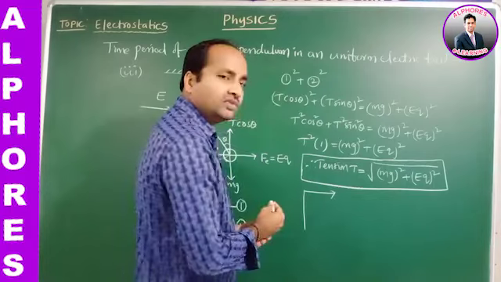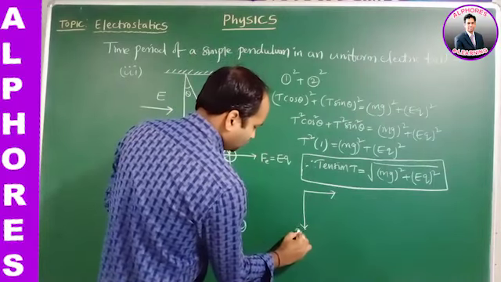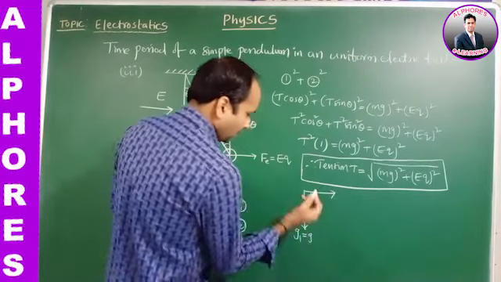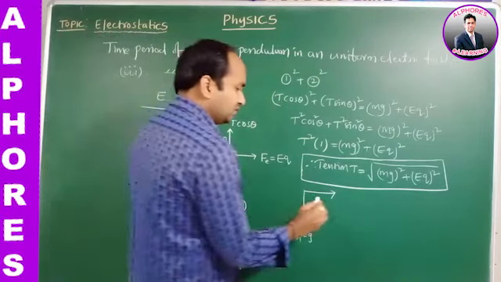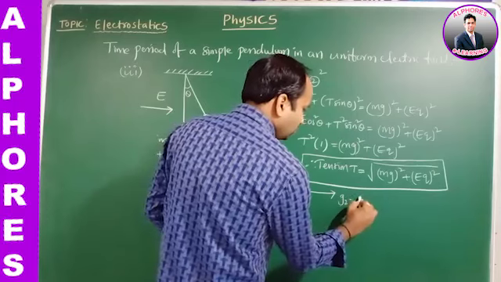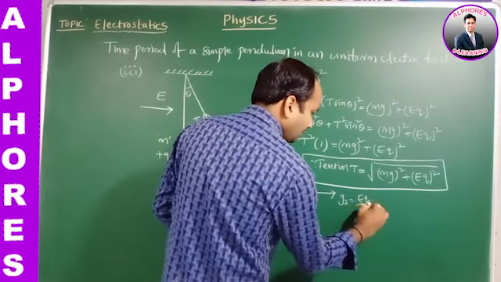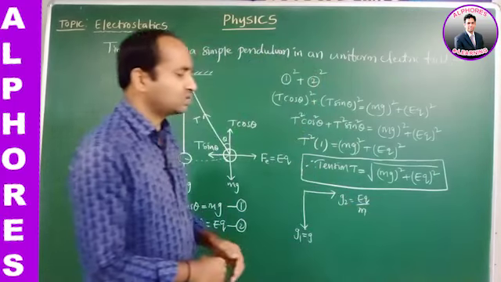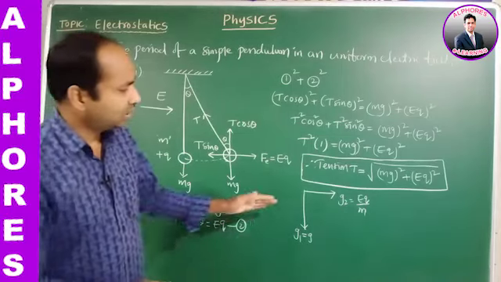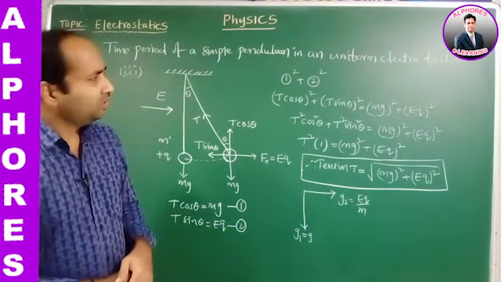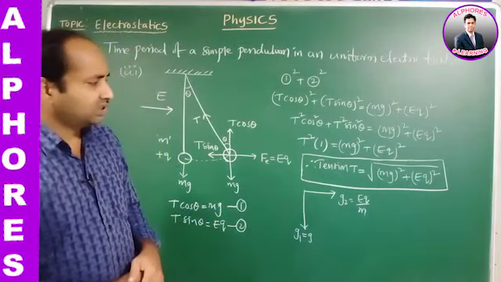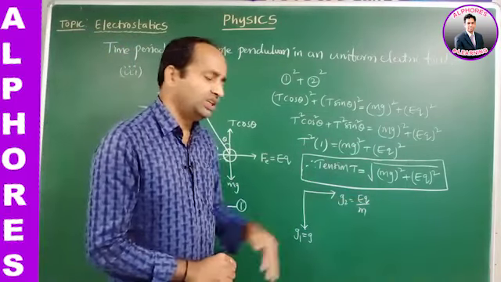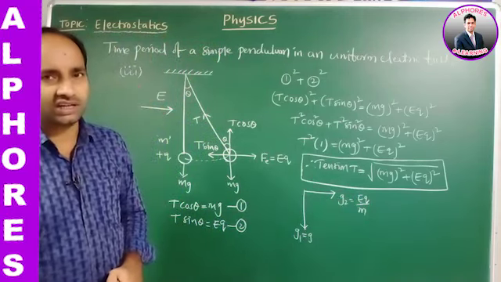Let us take g1 equal to g, the acceleration due to gravity downwards, and g2 equal to Eq by m, along the horizontal direction.